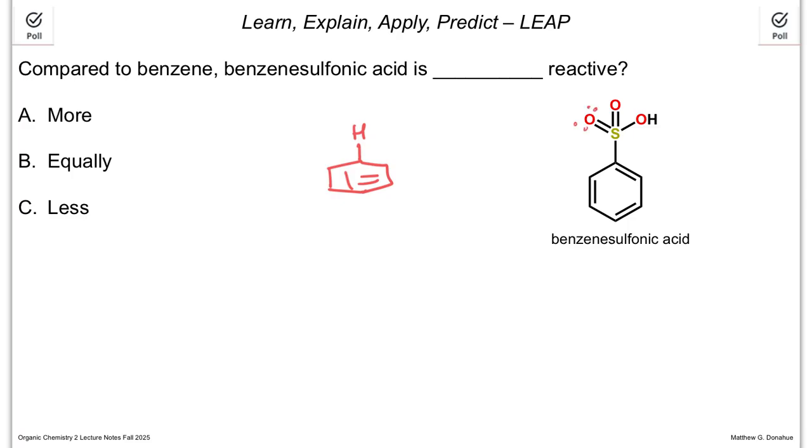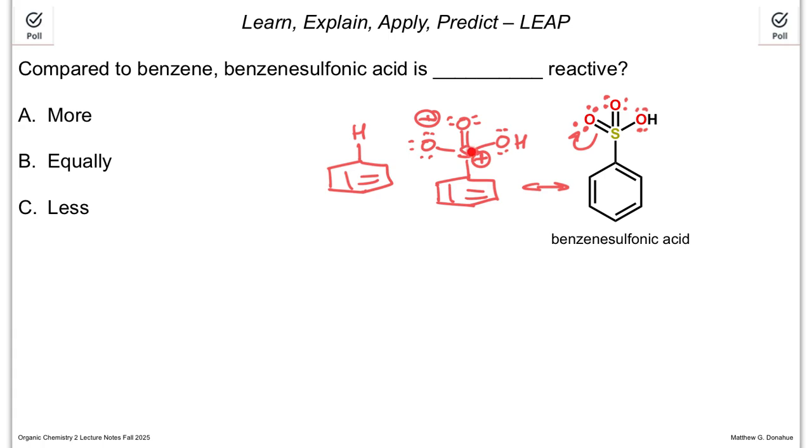So there's the lone pairs for oxygen. Notice sulfur doesn't have any lone pairs on it. If we break the pi bond, put the electrons on oxygen, the oxygen now becomes negative. The sulfur becomes positive.